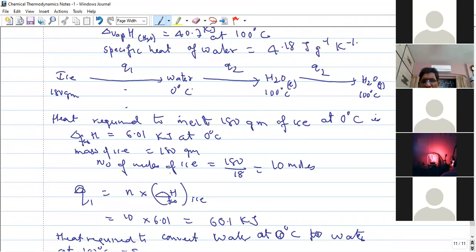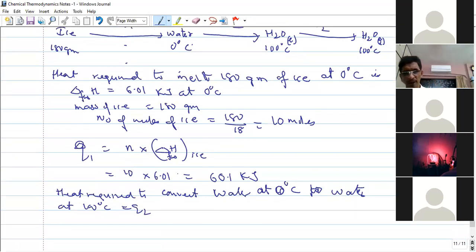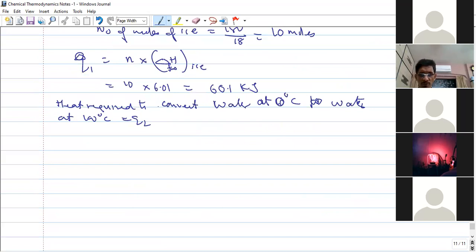You are given specific heat, and Q2 is equal to mass into specific heat into rise in temperature. Mass कितना है water का 180, ice का 180 तो water भी 180.